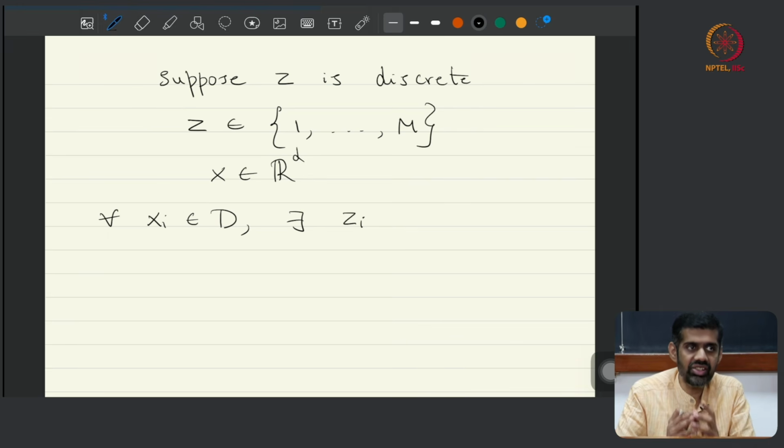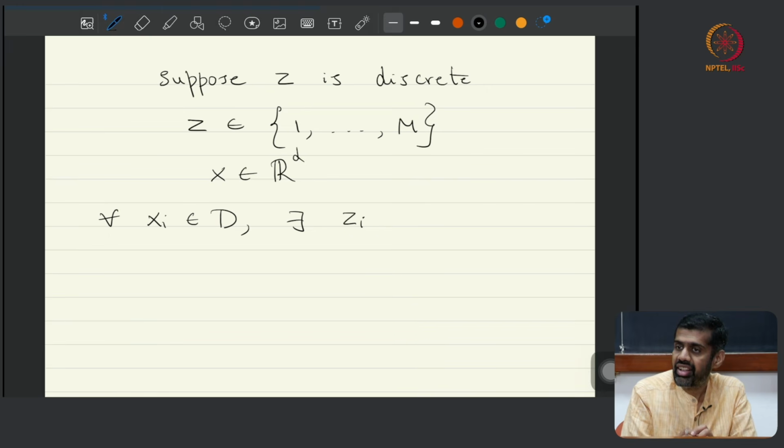You are essentially grouping all the data that you have into m groups if you have a discrete latent variable. Do you see why? Because every xi will be associated with one zi, and this zi can take one out of m possible values, which means that all the xi's that you have in your data set are now grouped into one out of m categories.